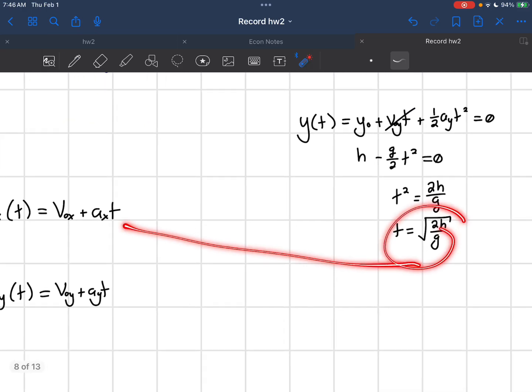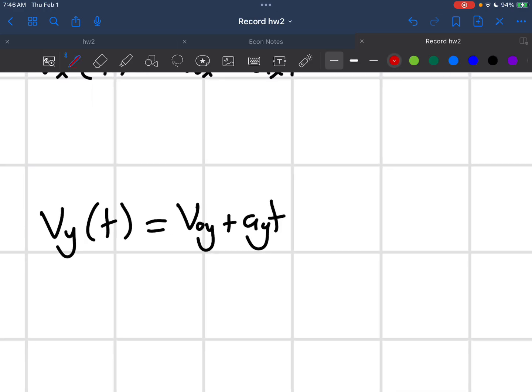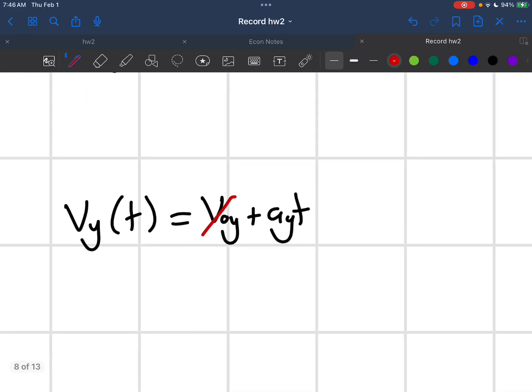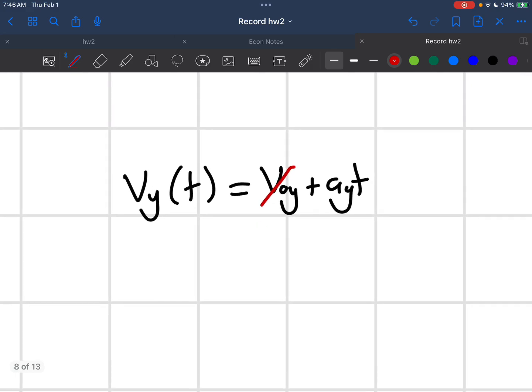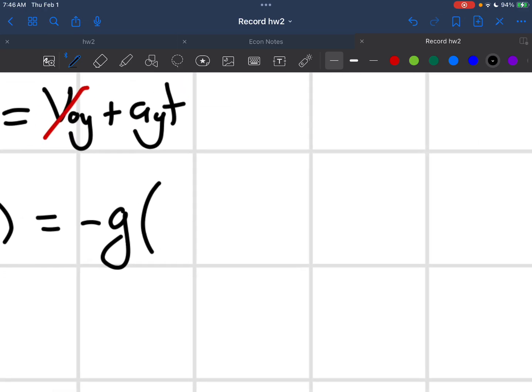And I just have to plug in my accelerations and my times. My initial velocity in the y was 0, but my acceleration in the y was negative g. So I know that my Vy of t will be negative g times the square root of 2h over g.